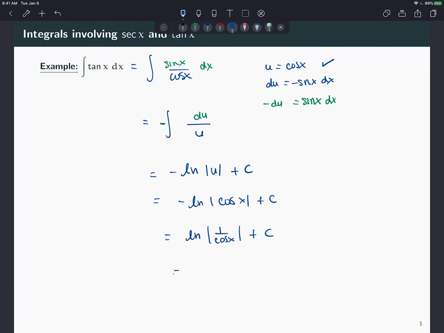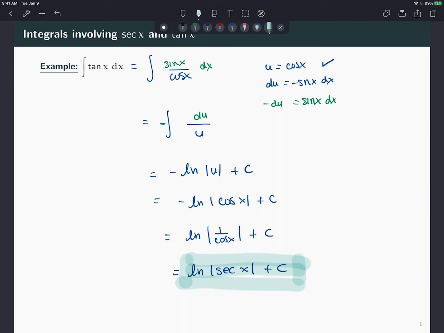So there you go. This is the natural log of the absolute value of the secant of x plus a constant. And that's my final answer. Okay? So we have the integral of the tangent. It's a little bit of work to get that done, but it's not that complicated.